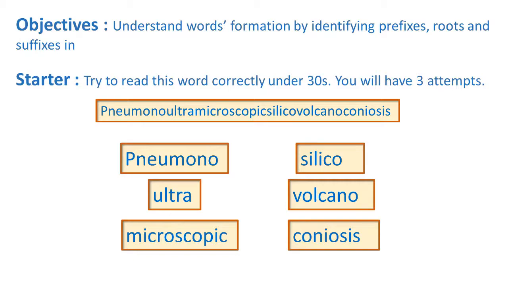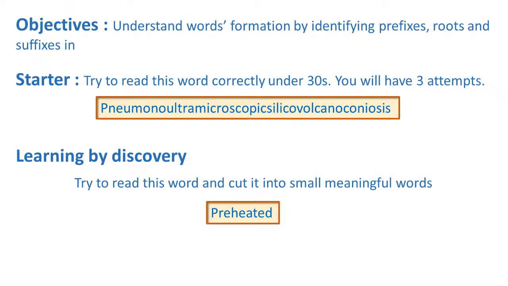Now, let's move on to the learning by discovery. The child will be given the word preheated on a piece of paper. He has to cut the word into meaningful parts. This will lead to a discussion on the position of set of words in a whole word.